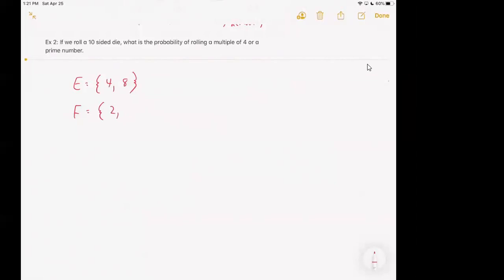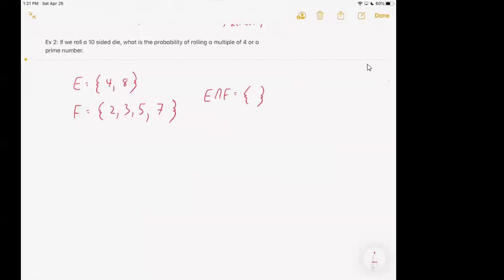Feel free to look that up as to why it's not a prime number. 2, 3, 5, 7, those are the prime numbers. So we can see there's no intersection. So E intersect F is the null set.